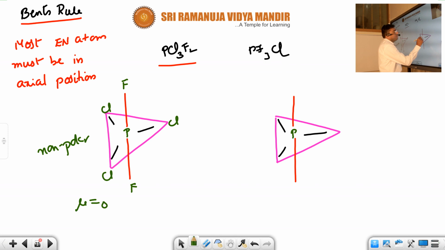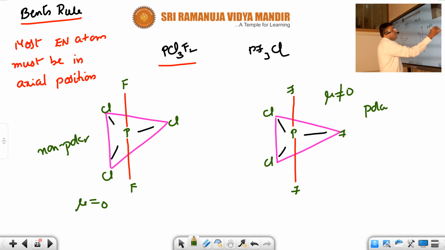PF3Cl2. In PF3Cl2, with P, students, which is the most electronegative? Fluorine. Here in this case, it is not symmetrical. Bond moments are not getting cancelled. Mu is not equal to 0 and it is a polar molecule. Mind you, very very important. By seeing PF3Cl2, don't keep all the fluorines in the equatorial position and cancel it.